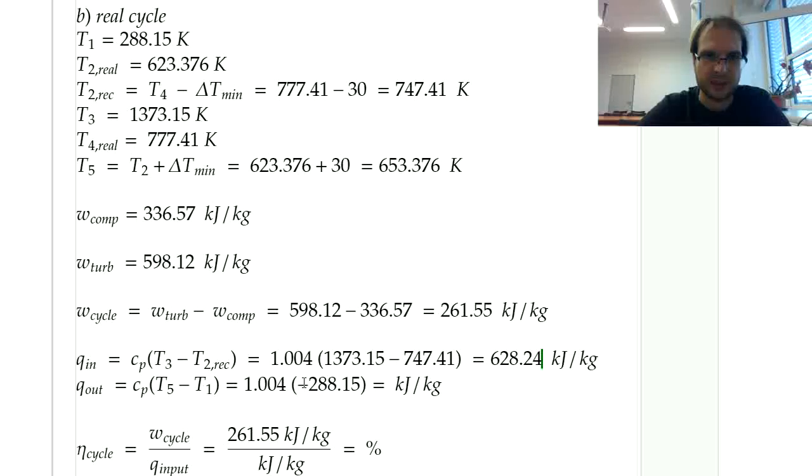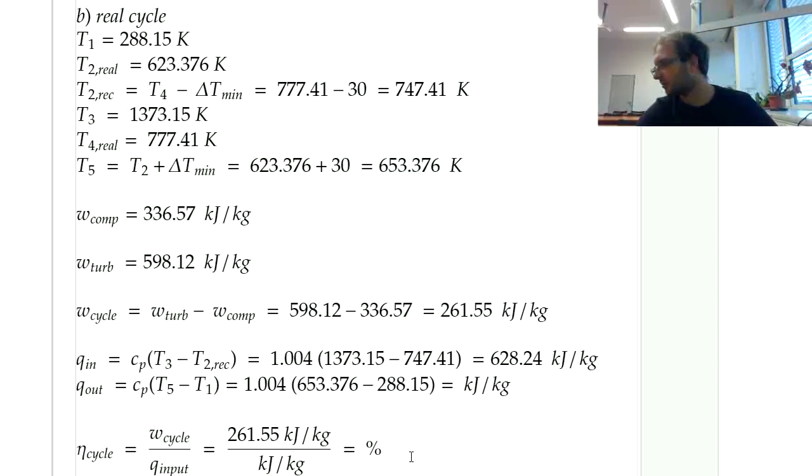So the temperature at the outlet of the recuperator is over here, 653 kelvins, and the resulting rejected heat by the cycle is 366.687 kilojoules per kilogram.